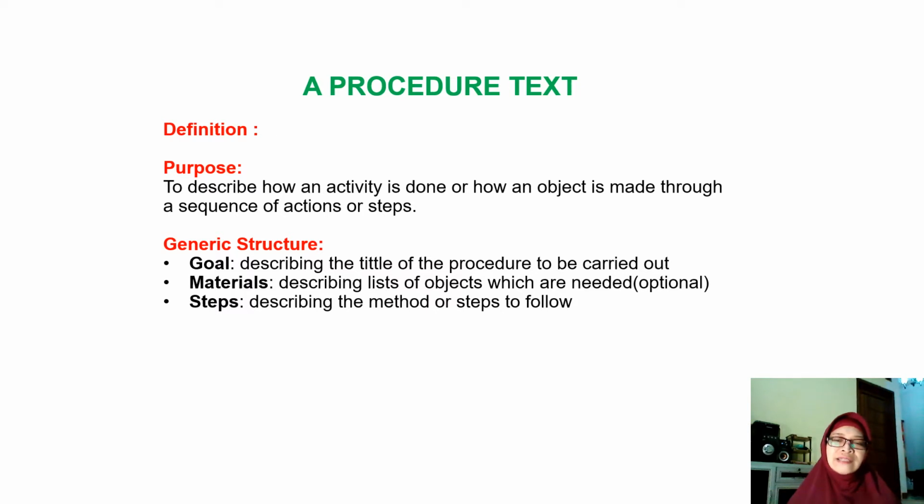Manual is one example of the procedure text. Then what is the purpose of the procedure text? The purpose is to describe how an activity is done or how an object is made through a sequence of actions or steps. So the purpose of the procedure text resembles its definition.